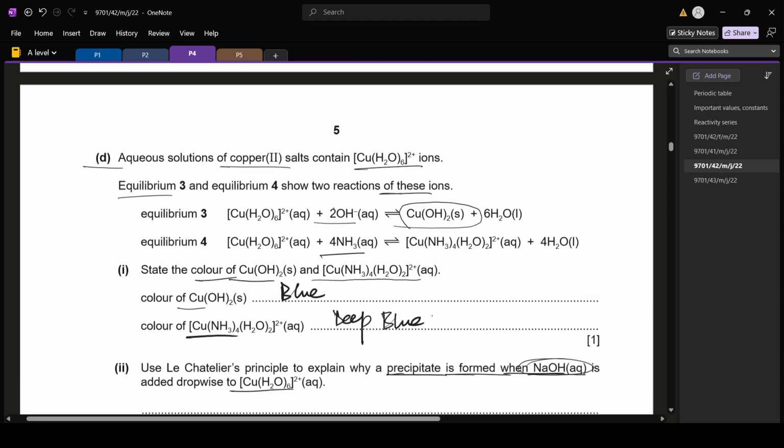When sodium hydroxide is added, the concentration of OH ions will increase. When the concentration of reactants is increased, the equilibrium shifts to the right side, using Le Chatelier's principle.